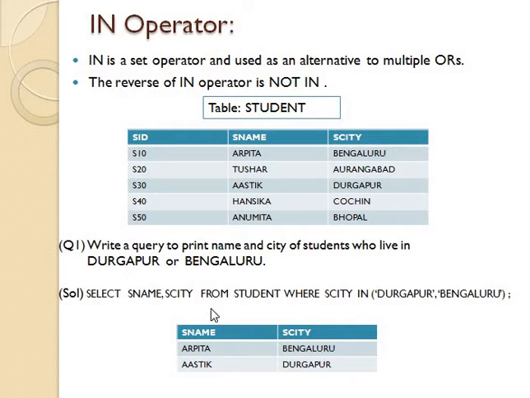And upon executing this query, you can see the columns SNAME and SCT getting listed in the output table exactly like this, which shows the student names who reside in either Bangalore or Durgapur.